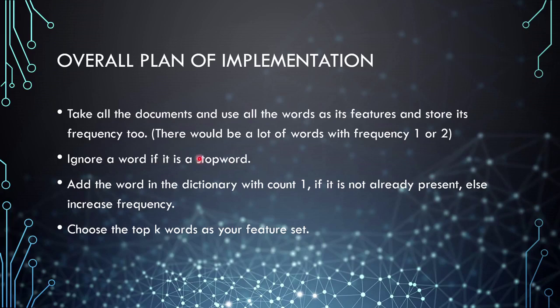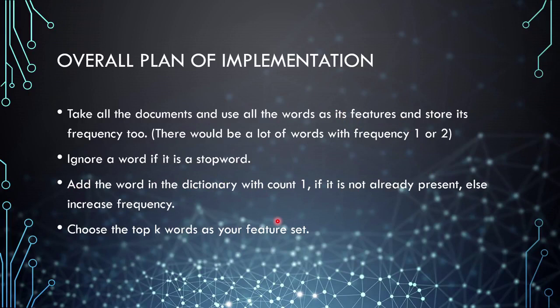So we would add the word to our dictionary with count 1 if it is not already present, else increase the frequency. We would maintain a dictionary for each document. In that dictionary, as I said, there would be the words and the corresponding frequency of that word. As we iterate through the words, if the word is already present in the dictionary, we increase the frequency by 1, and if it is not already present, we just add the word to the dictionary.